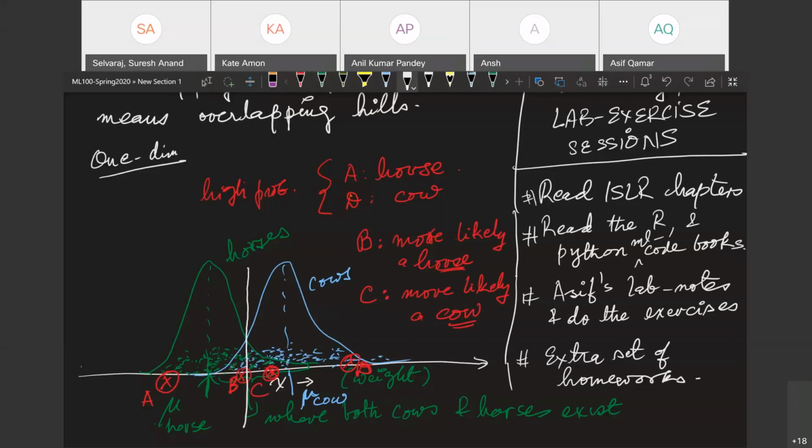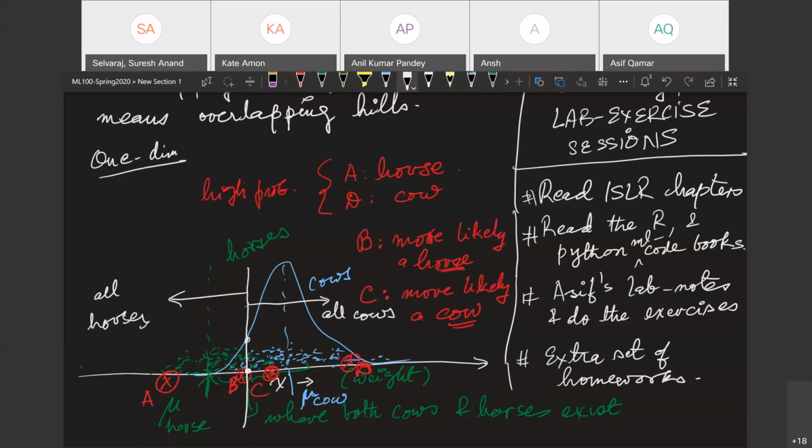Would you draw it something like this? You would take the point where they intersect and draw a line right there, at this point. And you would say that this region is all horses, and this region is all cows.